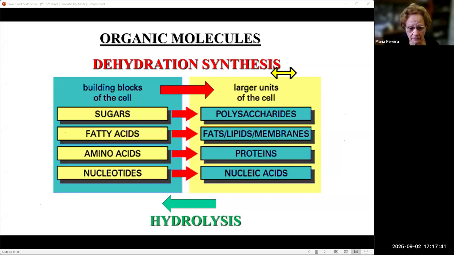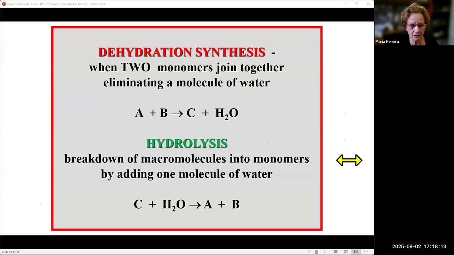They release water. So this synthesis of these large molecules from their building blocks releases water. If you go the opposite direction, this is what happens in digestion. You have hydrolysis when large molecules break up into their components, and here you require water. So these 2 types of reactions we went over. And this we already talked about.